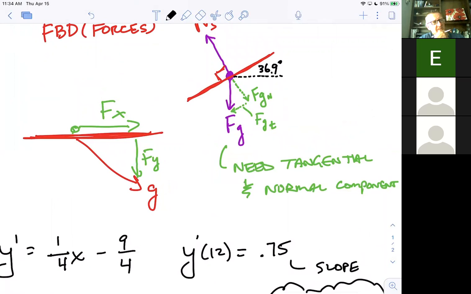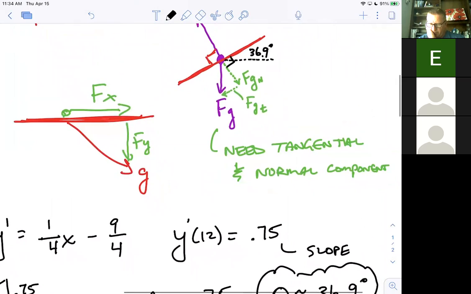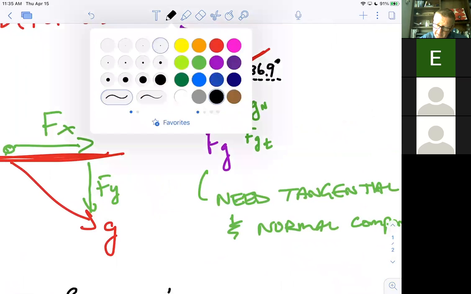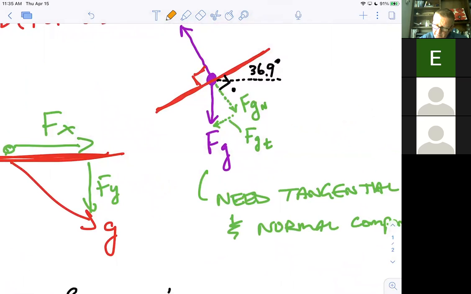And notice, that's not in my picture, but I know that this angle is 90 degrees. So 36.9 plus what is 90? That would be 53.1. So this angle here would be 53.1. But isn't this angle also 90 right here?